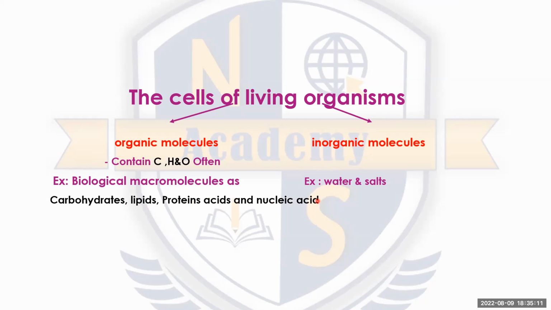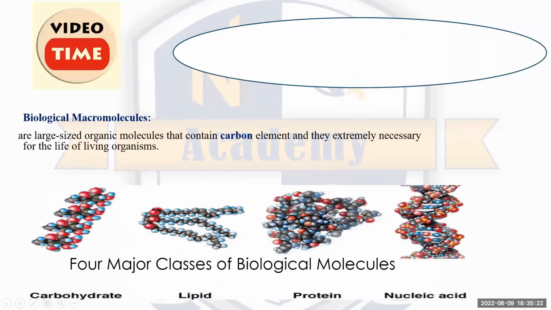Is it clear? Any questions? Sure? Okay. So biological macromolecules are large-sized organic molecules that contain the element carbon, and they are extremely necessary for the life of living organisms.